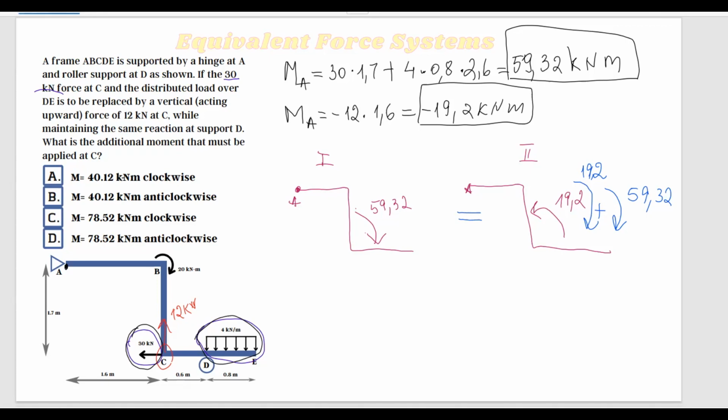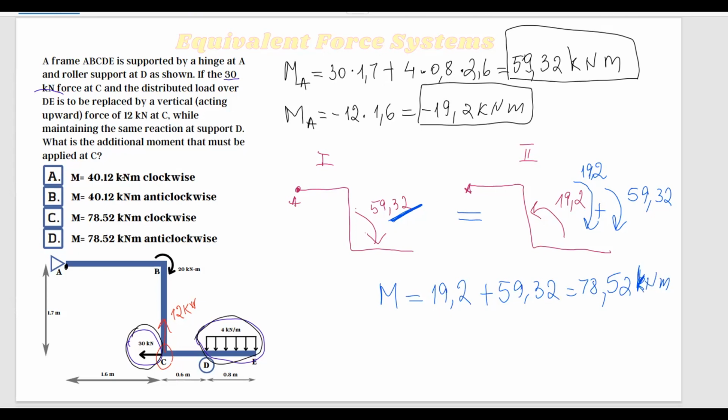So the final moment that I have to add in order to end up with a 59.32 moment, as we initially had before we removed these two forces, is going to be equal to 19.2 plus 59.32 equals, and I get 78.52 kilonewton meters.